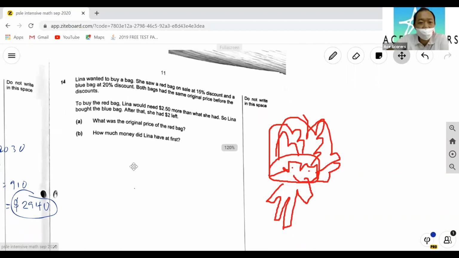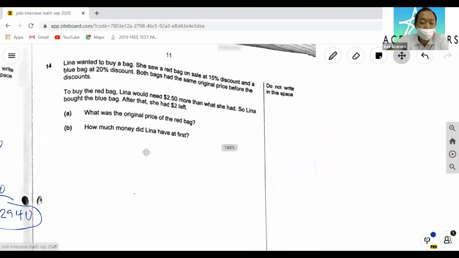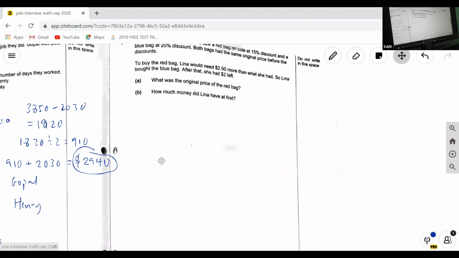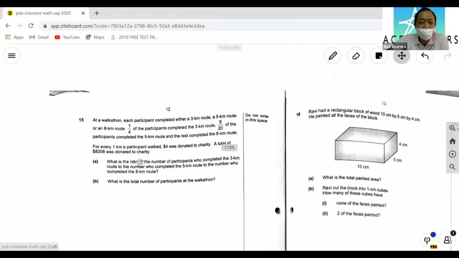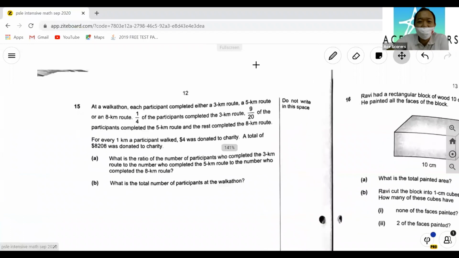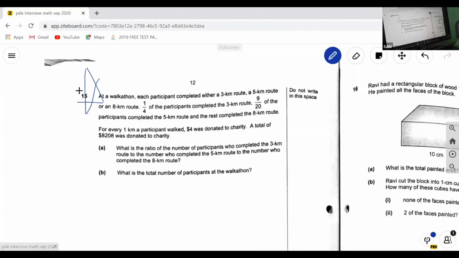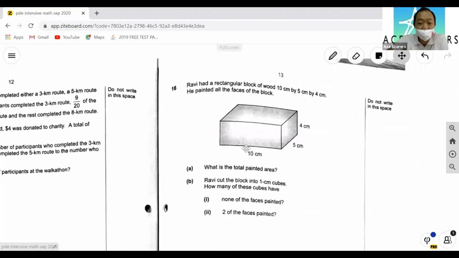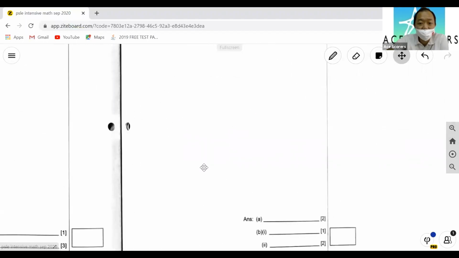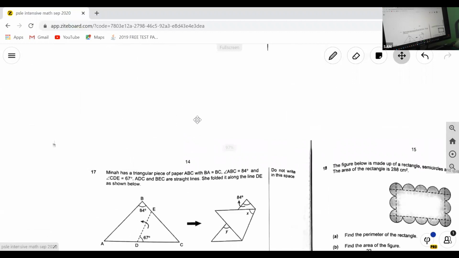Okay, wait, this is like a fundamental question though. It's just percentage. Is this the last one? No, no. Oh, this is the terrible one. Wait, stop first. I want to see the rest. This is easy, speed. No, it's not.